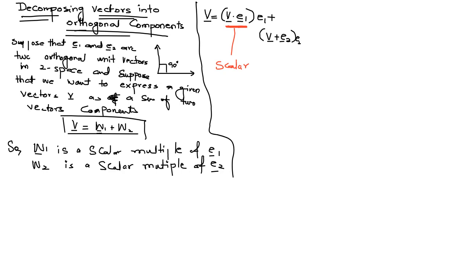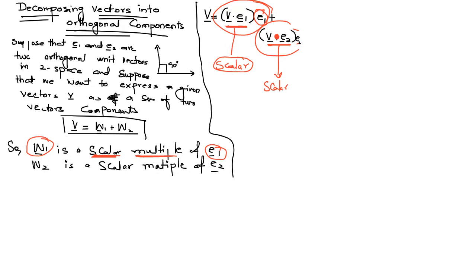That's why I said that w1 is a scalar multiple of e1. This is a scalar multiplied with e1, and this is also a dot product with e2. So this is w1 and this is w2.